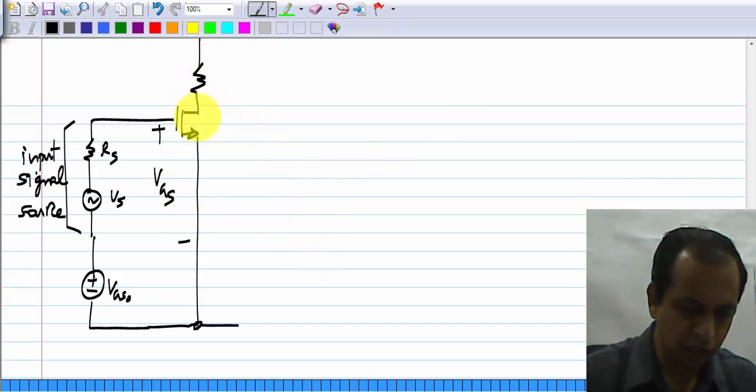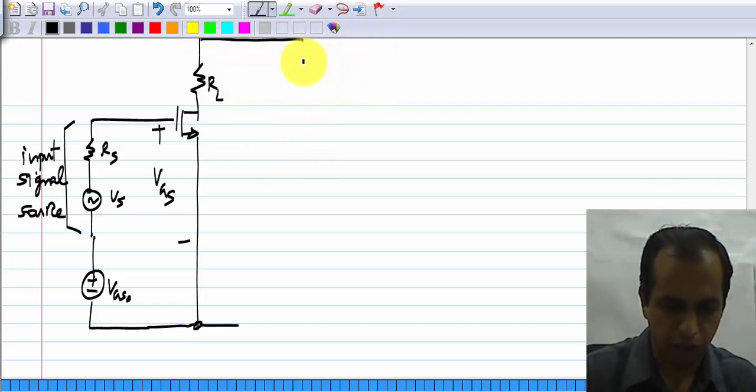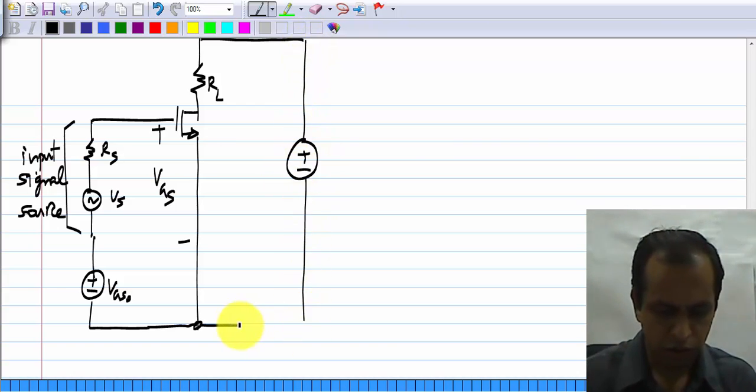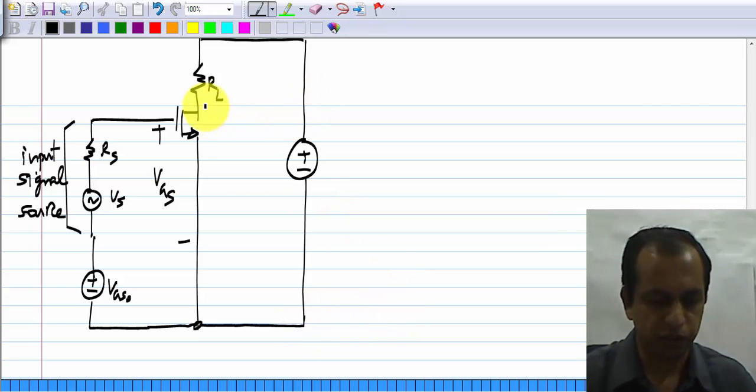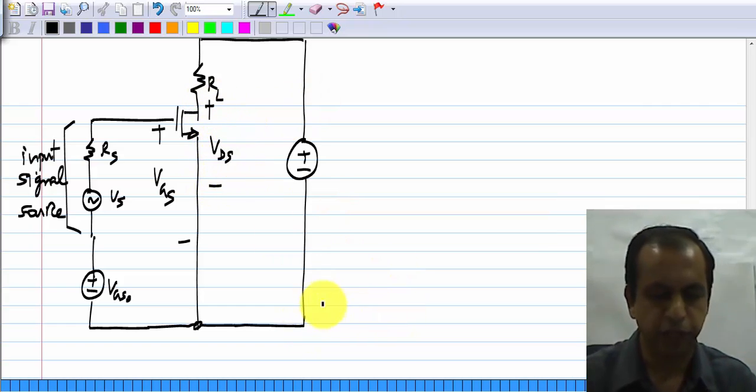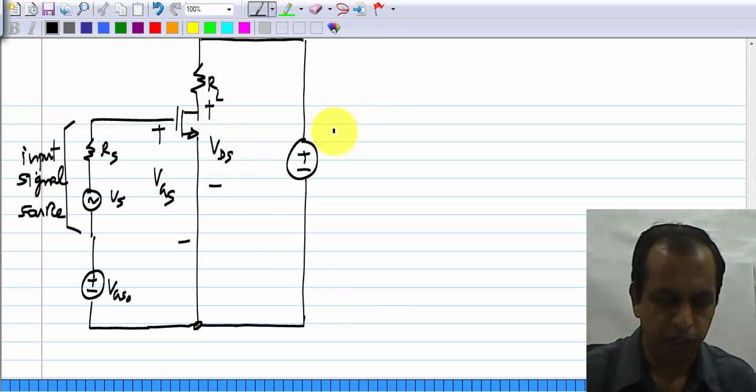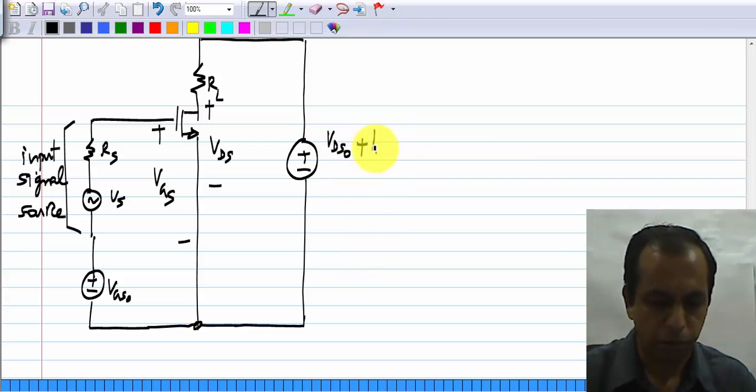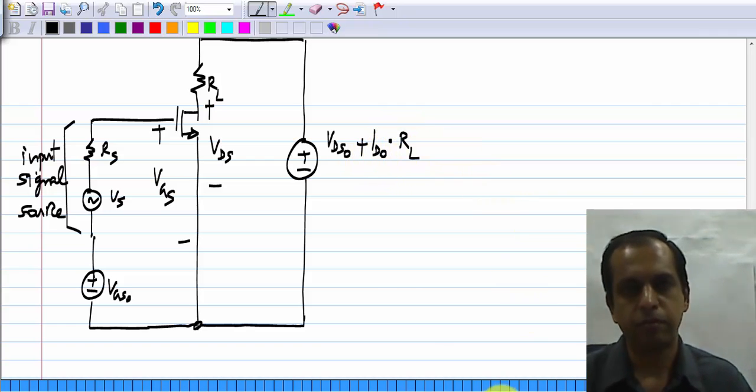On the other side, you connect RL in series with the drain, and to provide the correct operating point voltage VDS, whatever that is, let us call it VDS 0, then this voltage will have to be equal to VDS 0 plus the operating point drain current. The operating point drain current also flows through RL. So, operating point drain current ID 0 times RL.